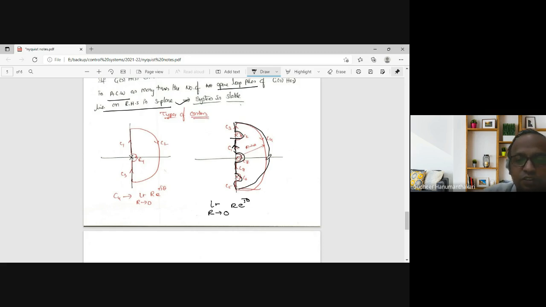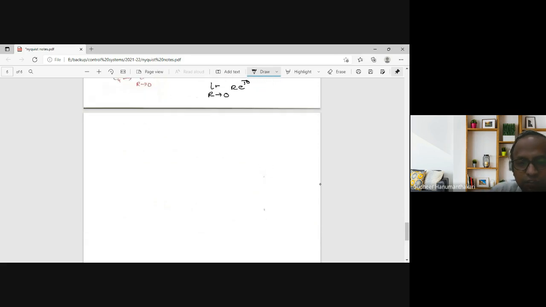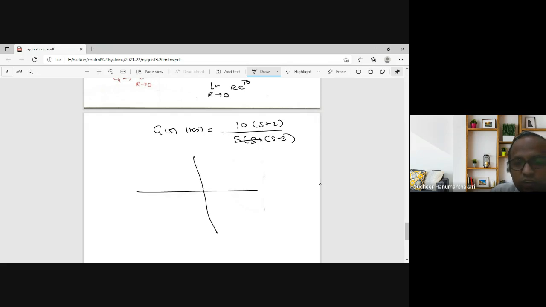Depending upon the pole-zero plot in the S plane, we have to take a respective contour. So the first step in drawing the Nyquist plot is, given a transfer function G of S into H of S, or open loop transfer function, for example (s plus 2) divided by s into (s minus 3), draw the pole-zero plot in the S plane. So S is equal to minus 2, one zero, and S is equal to minus 3.